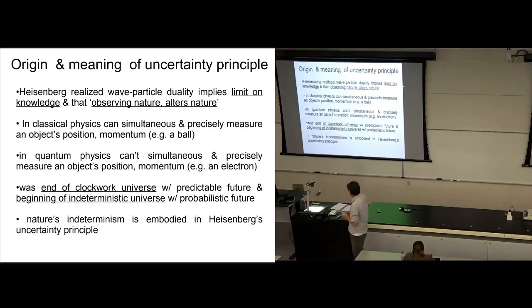And also that when we observe nature, when we make measurements of nature, we always alter nature. We always change nature. So these are two ideas. They're a bit philosophical, but they're ideas about the important implications of the wave-particle nature of matter and light.